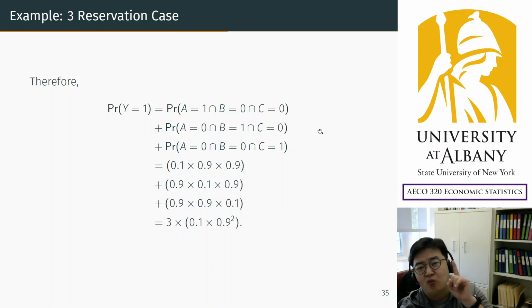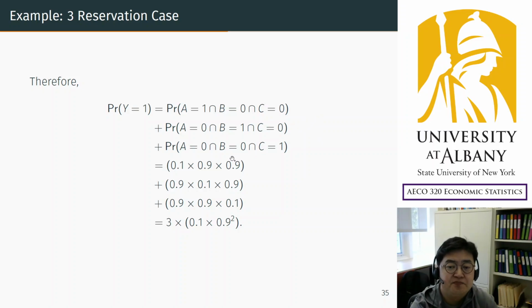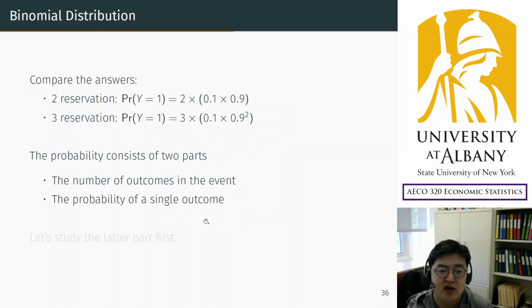Basically, only 1 is canceled and 2 are not, so you are multiplying the same probabilities. So at the end, we get 3 different outcomes, each of which has the same probability like this. This is the answer.